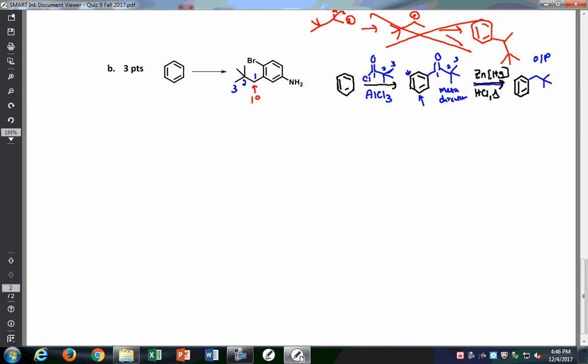The other reaction, we're doing NH2, but there's no direct route to put NH2. So instead, well, technically you can do elimination addition, but that's probably not the temperature that you want with the other functional groups on there. But what we can do is add our NO2 first.